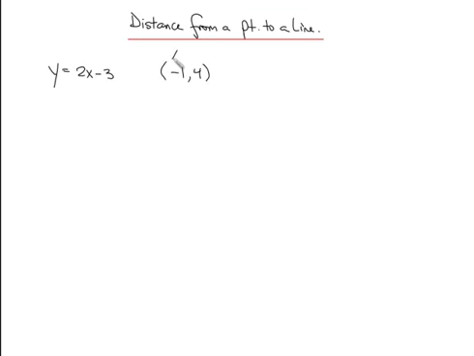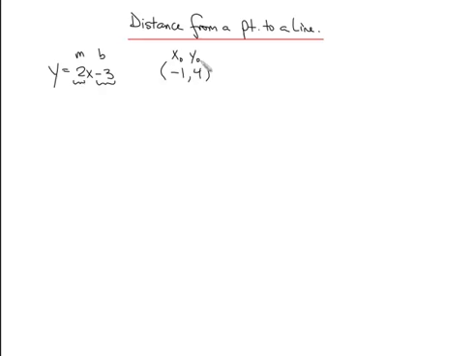I'm going to call the point x0, y0. Okay, that's our starting point. That's where we're going to start measuring the distance from. We're going to measure that to the line, which clearly has a slope m of 2 and a y-intercept value of -3. So there's my slope, there's my y-intercept.